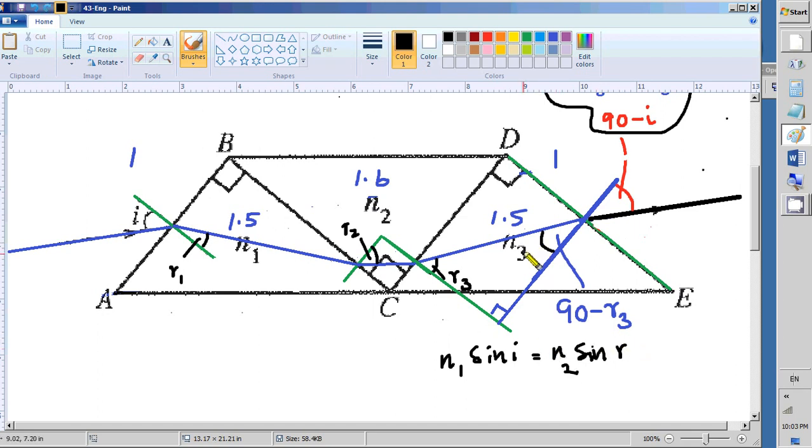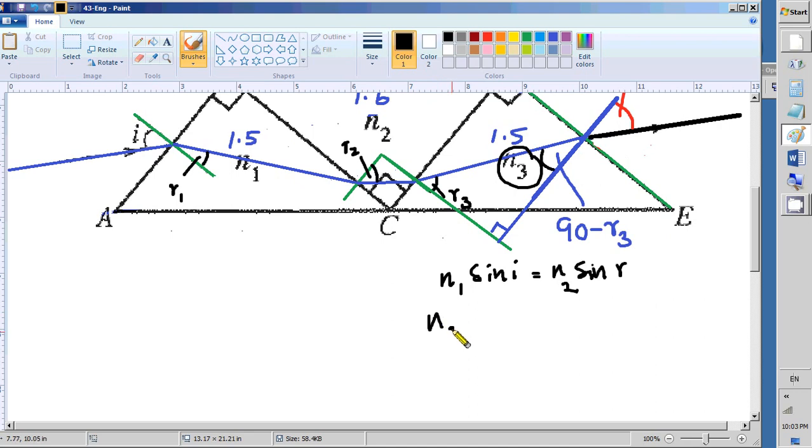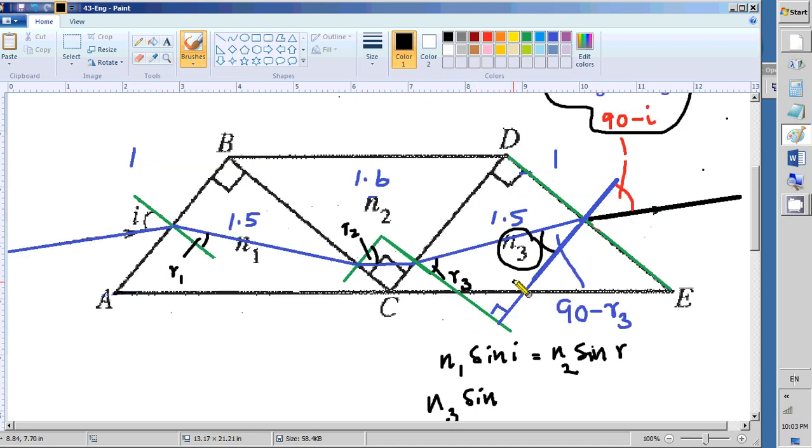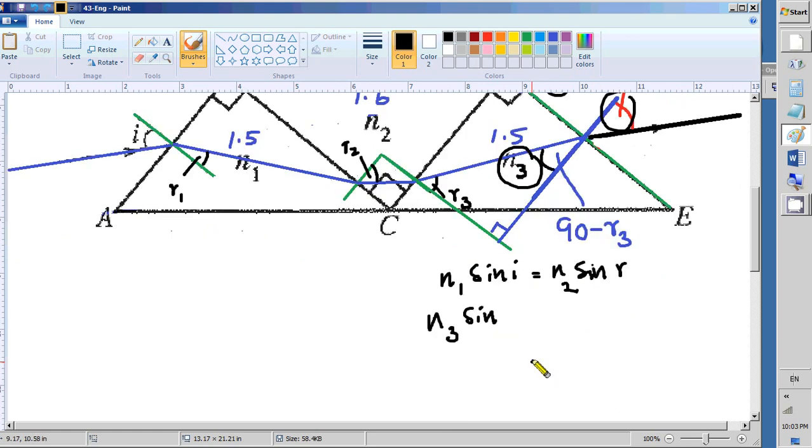So here the refractive index is N3, so we write N3 sin the angle of that side. This one goes with this one, and this angle goes with this index.